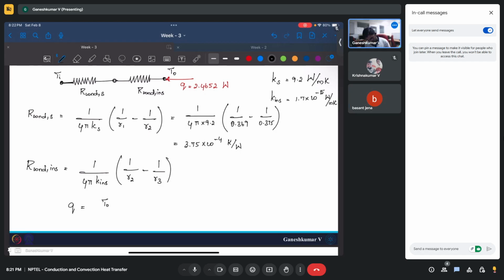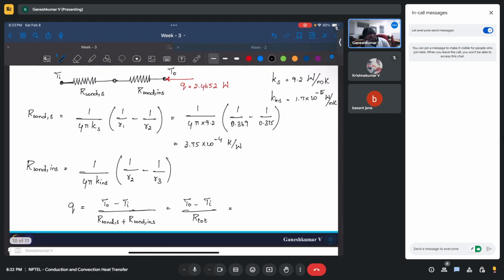So heat flow we can write as T naught minus Ti divided by R of conduction due to steel plus R of conduction due to insulation. This is also T naught minus Ti divided by R total. Now, T naught minus Ti we already know.